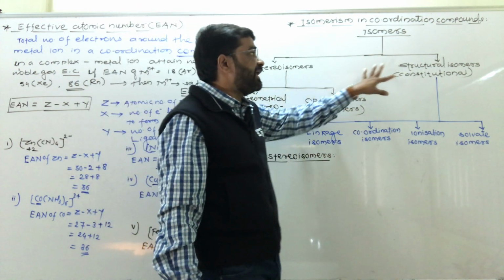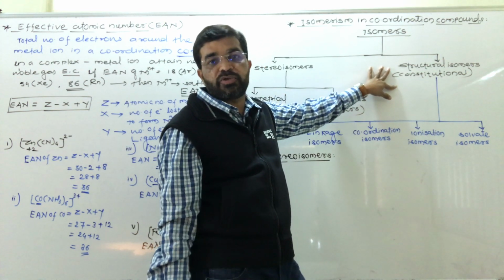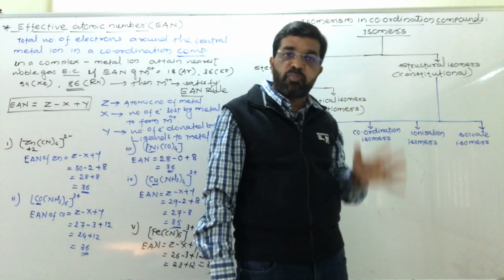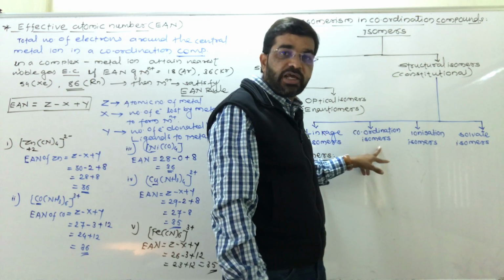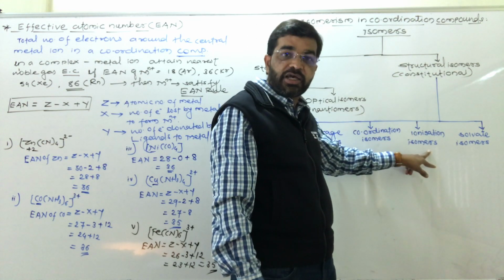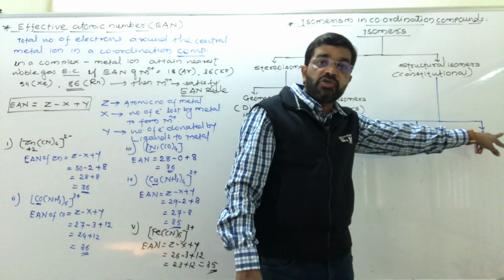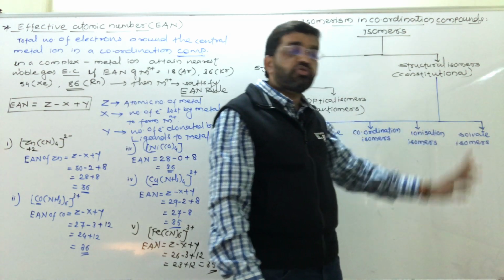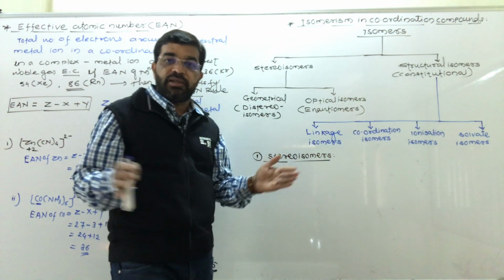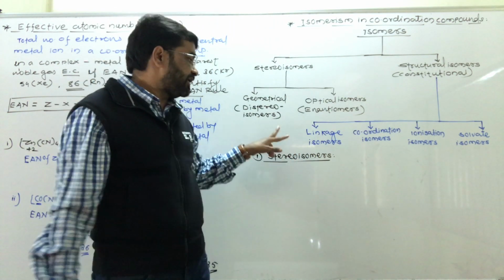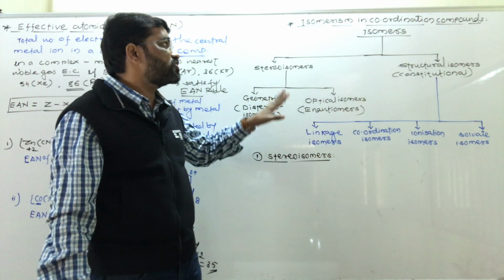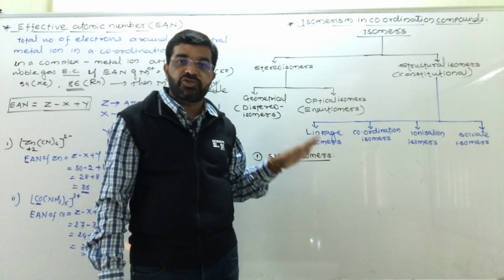And the second type of isomers, structural isomers of coordination compounds, are of 4 types. That is linkage isomers, coordination isomers, ionization isomers, and the solvent isomers. So we have to study one by one in detail with examples about the isomers or isomerism of coordination compound.